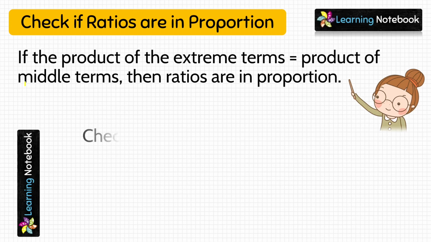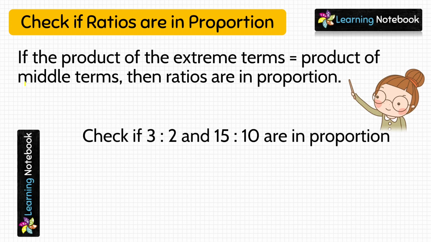Let's take an example. Here we have to check if ratios 3:2 and 15:10 are in proportion. So in these two ratios, extreme terms are 3 and 10. Their product will be 3 into 10 equals 30. Now, which are middle terms?